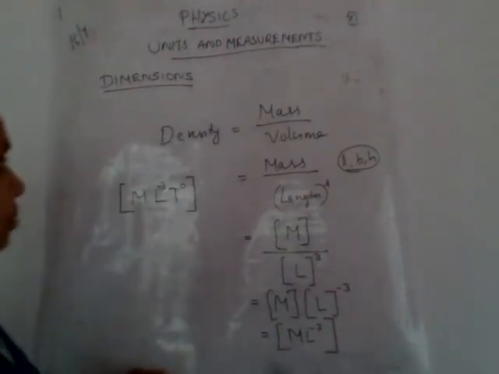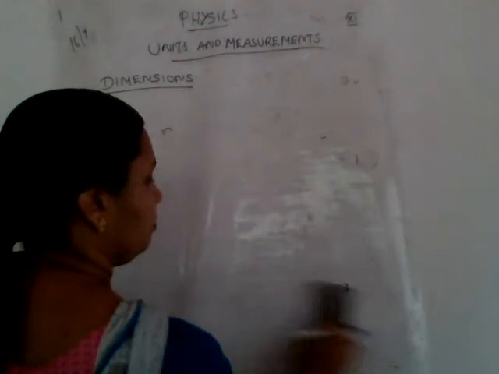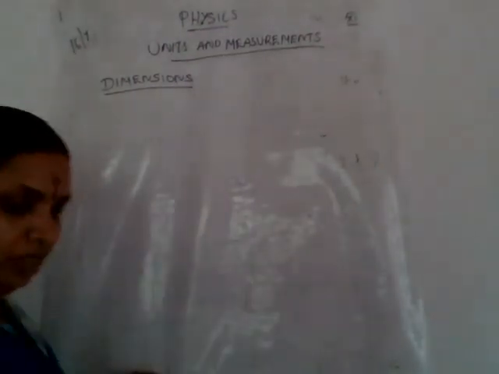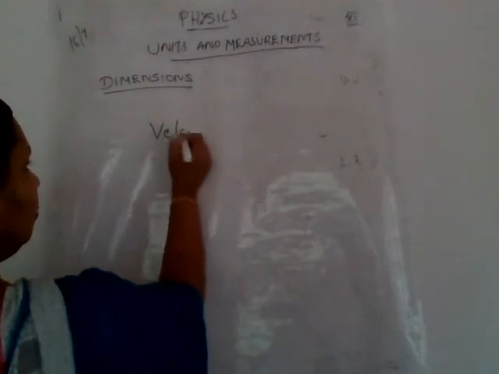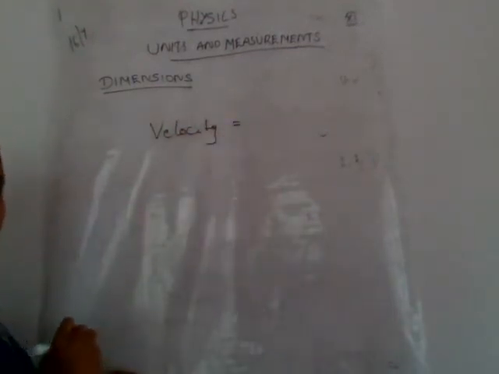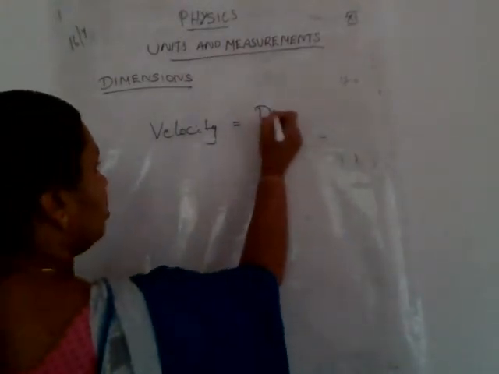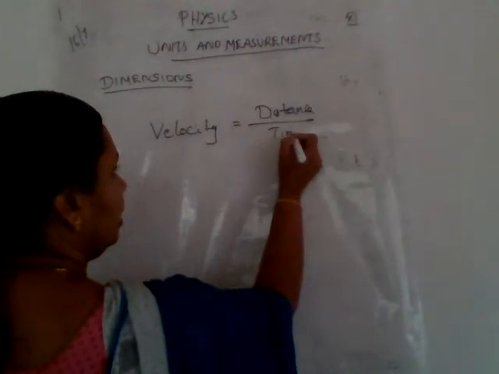We can discuss one more example. We can take velocity. Velocity is a derived quantity. What is velocity? Velocity is equal to distance divided by time.